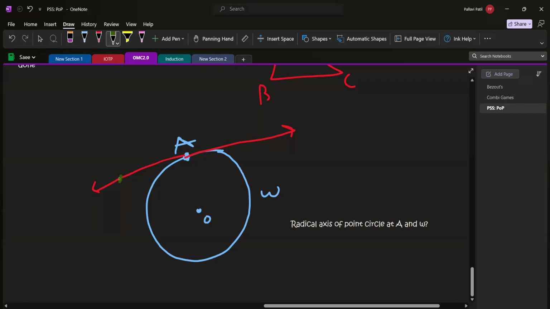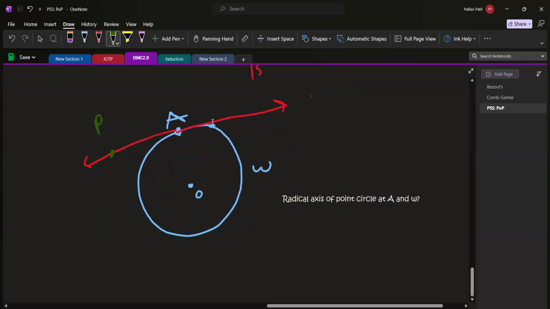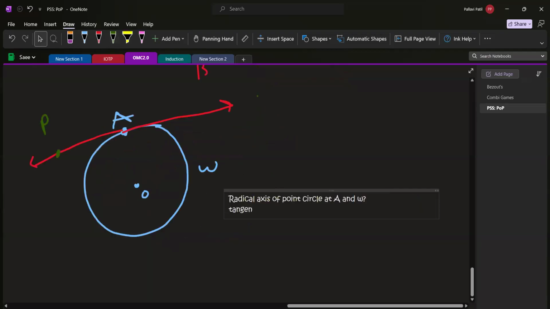So the power of this point, let's say P, with respect to omega is going to be PA squared, but the power of the point with respect to A is also going to be PA squared. So we are done. That's just going to be the tangent to omega at A.